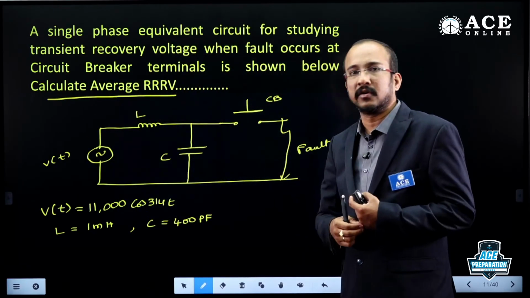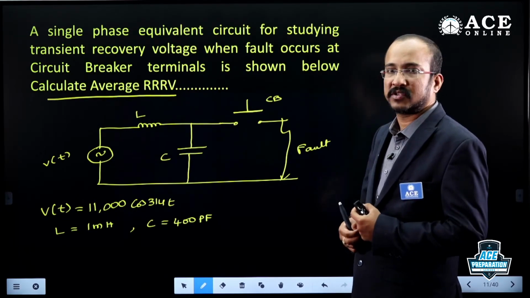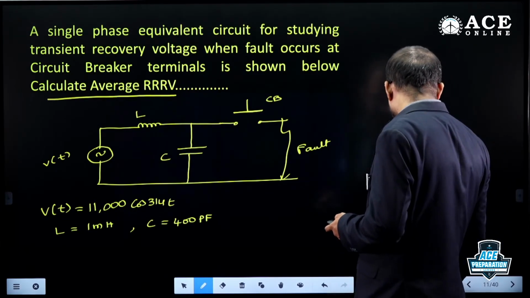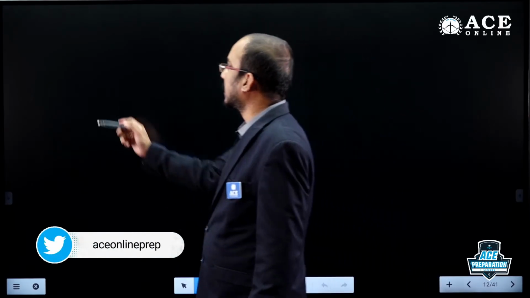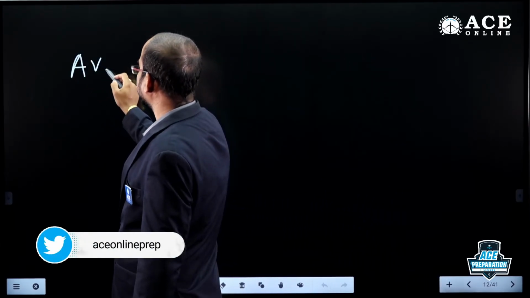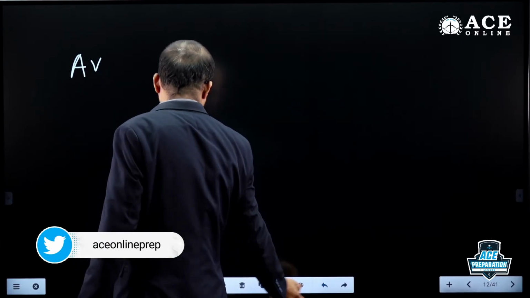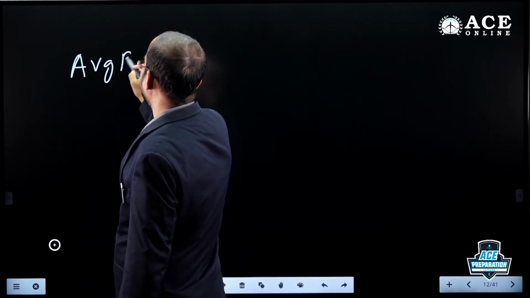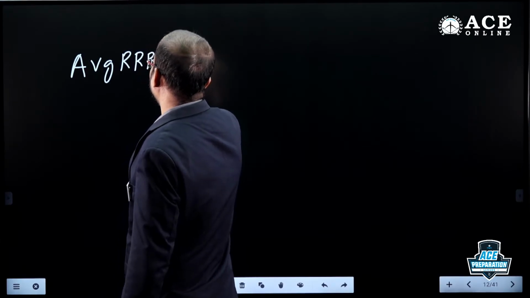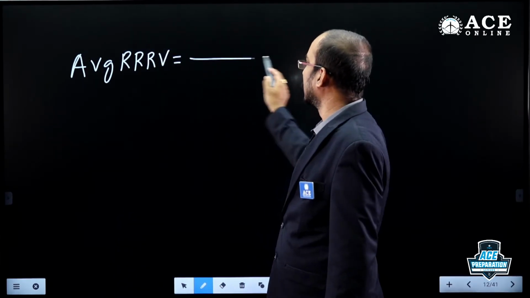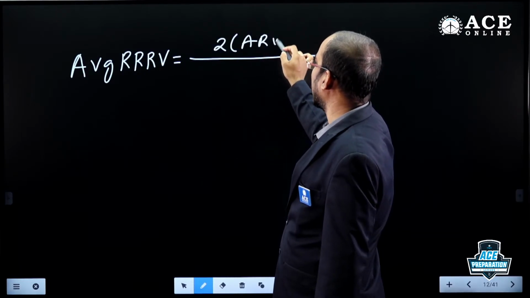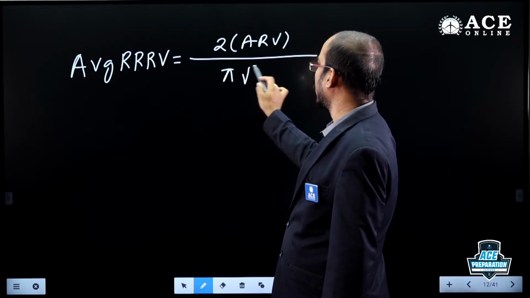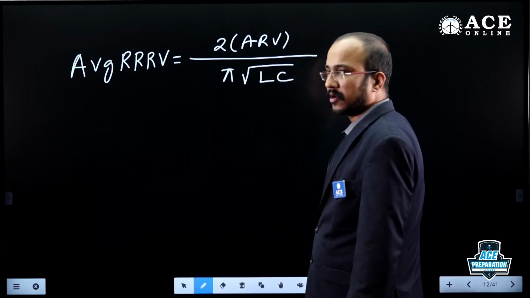What is the relation for average RRRV? The maximum value of restriking voltage, that is 2 times ARV, divided by pi root LC.